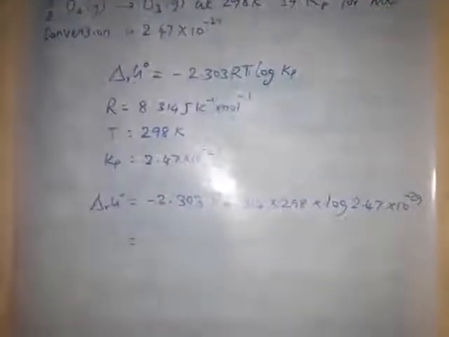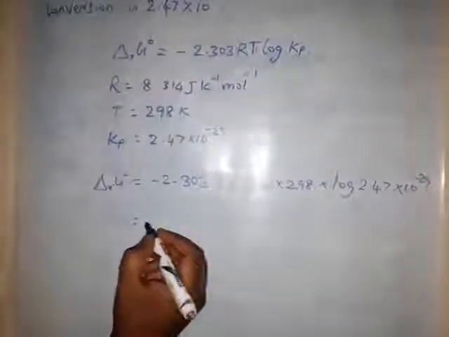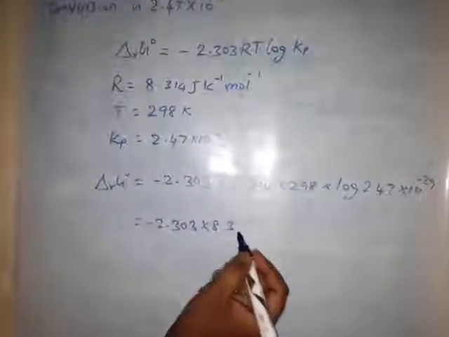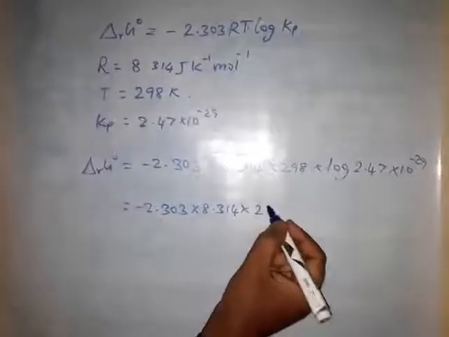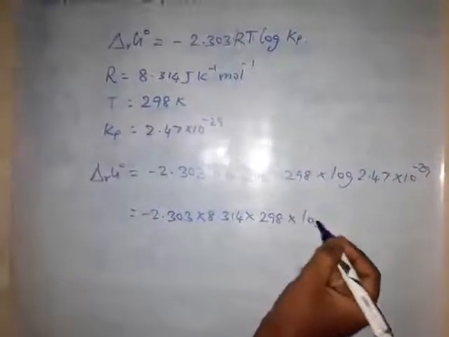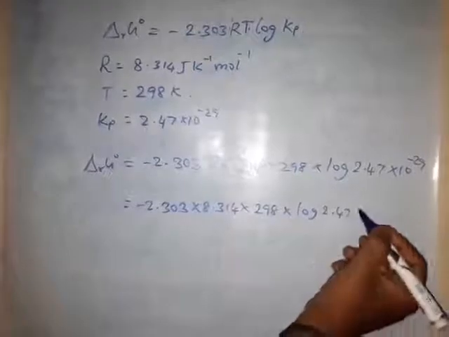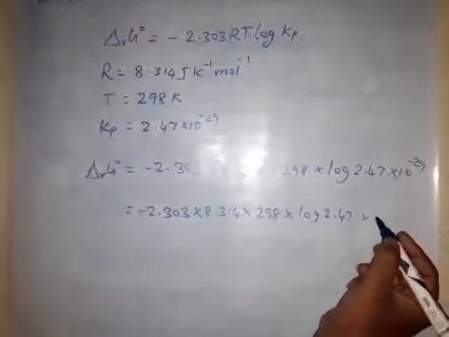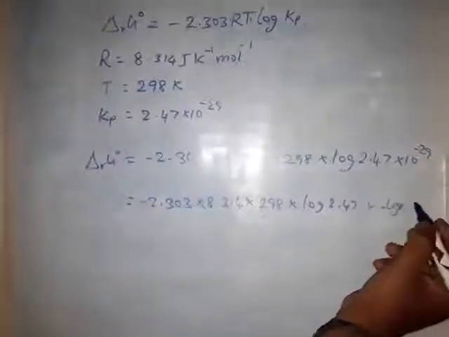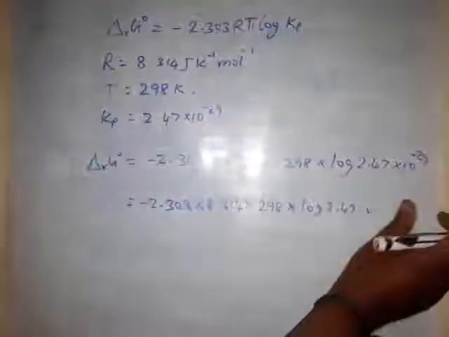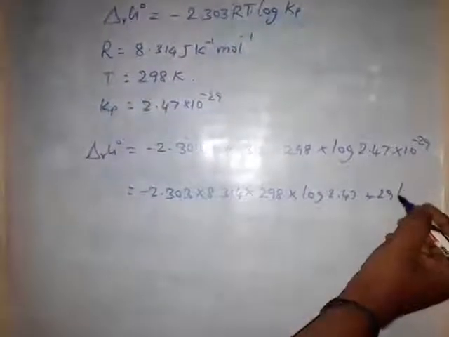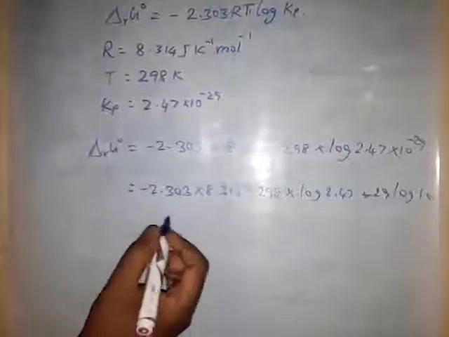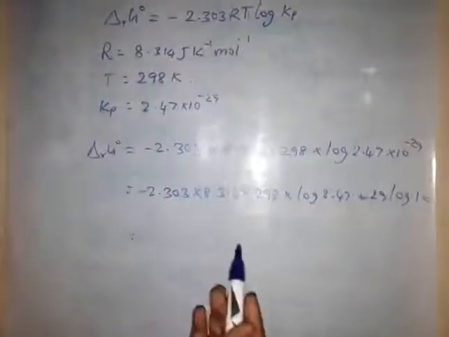So after simplifying, we'll get it as minus 2.303 into 8.314 into 298 log 2.47, then into this, that is log of minus 29 log 10. So after simplifying, take log of everything and work it out.